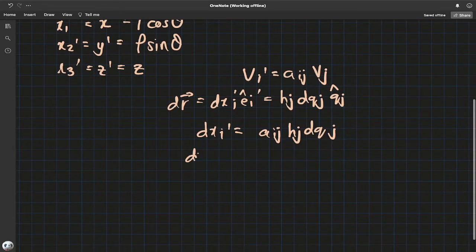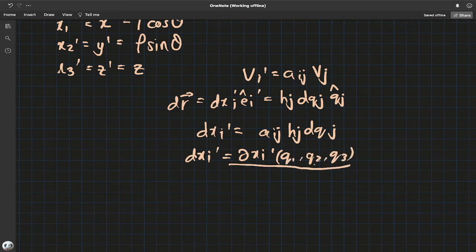So well, this means dx sub i prime, partial x sub i prime, expressed in terms of q1, q2, q3, with respect to qj dqj. This is just the chain rule going on here.